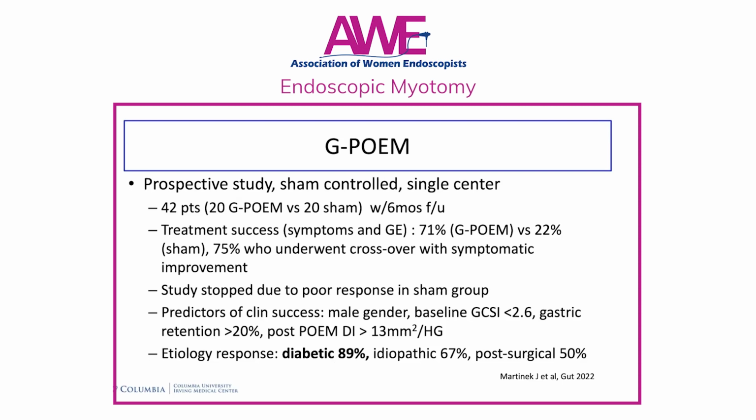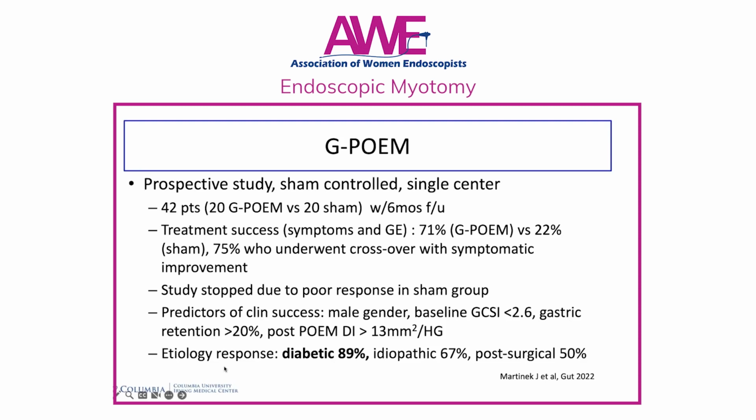And for those who crossed over to the G-POEM group from the sham group, 75% of those patients had symptomatic improvement. This was so striking and significant that the study was stopped due to the poor response in the sham group.